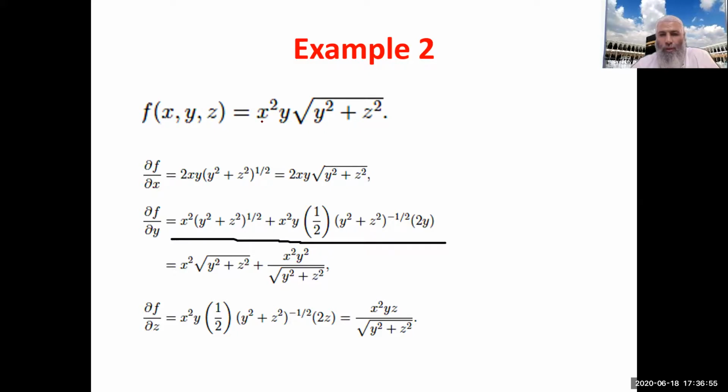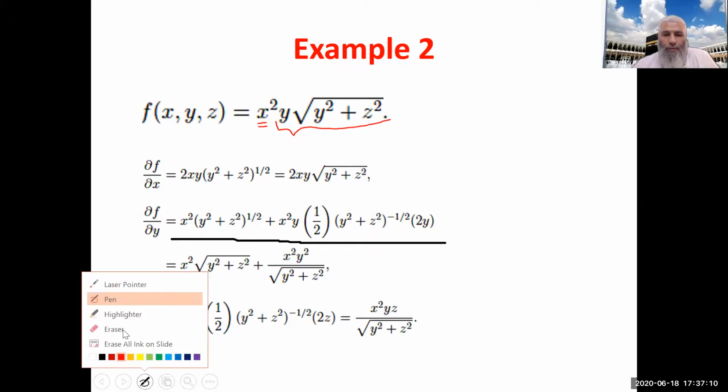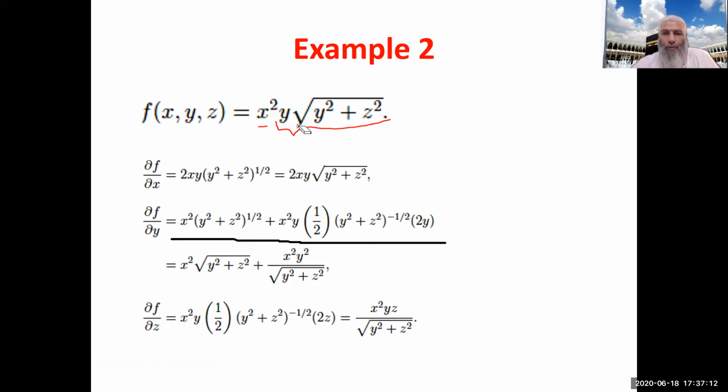This term has x only, so with respect to x it will be 2x, and all this is constant, right?